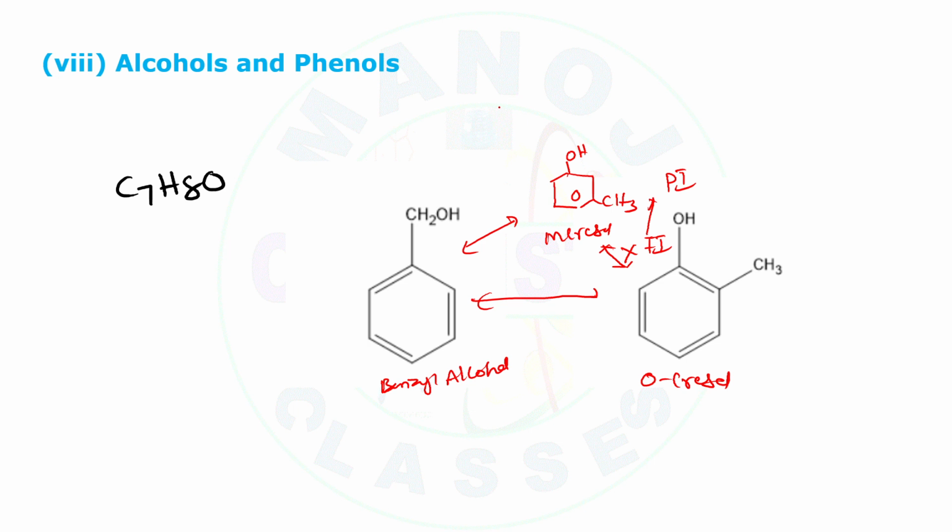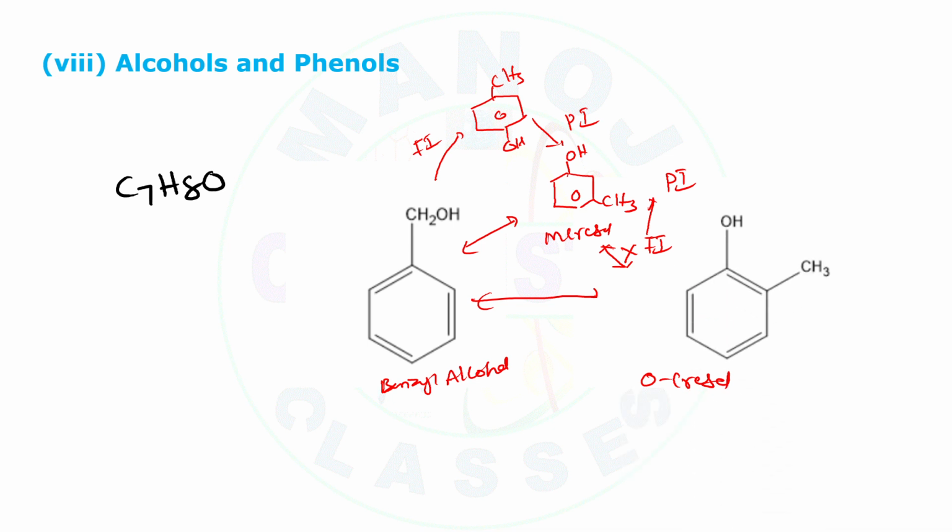Whereas if you write it as paracresol, these two are functional isomers, but these two are positional isomers. Hope you understand the difference between functional isomer and positional isomer. And the next one, this one is paracresol, and orthocresol.